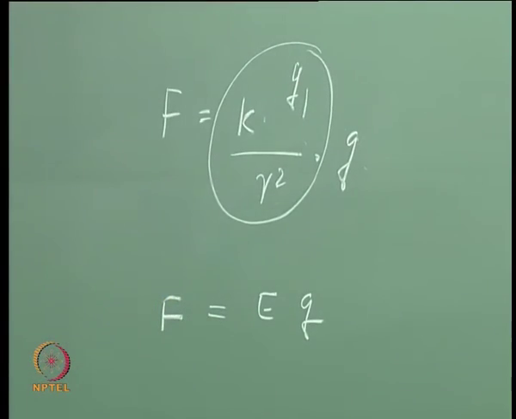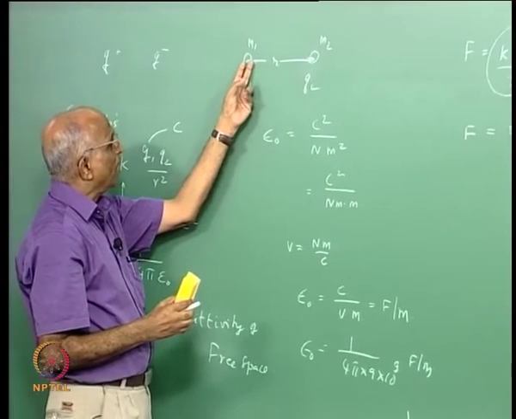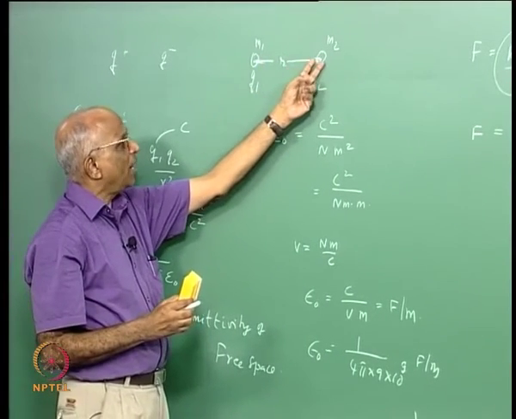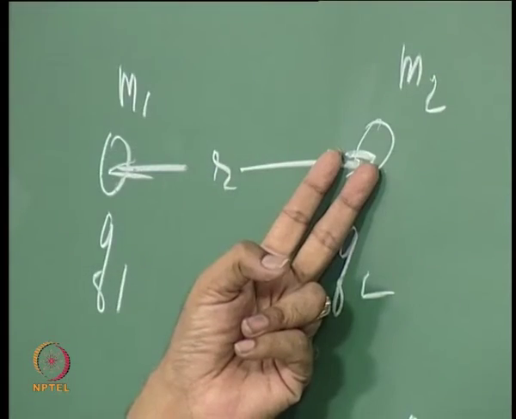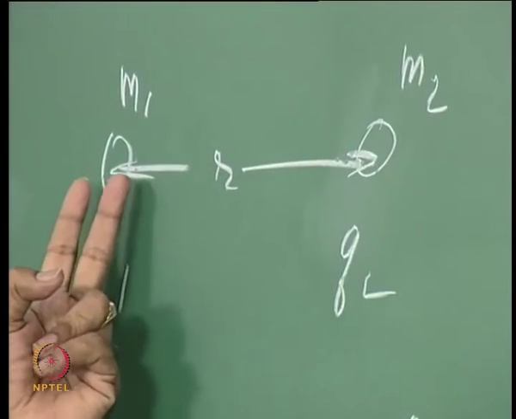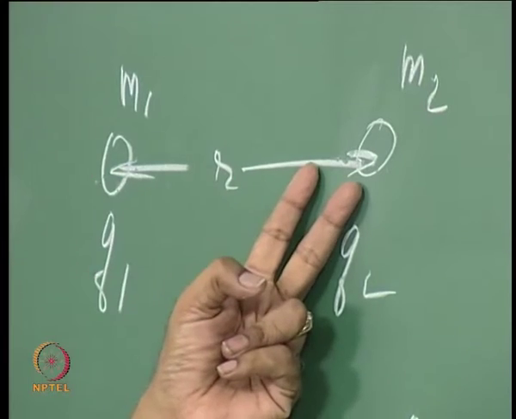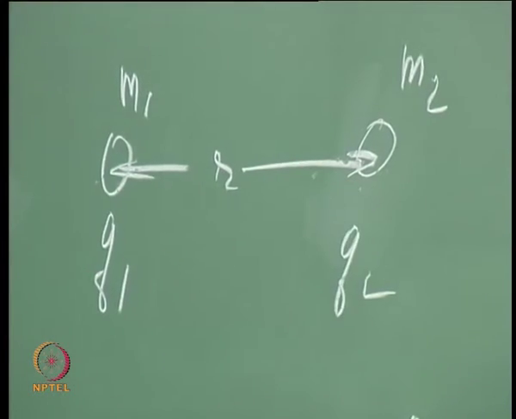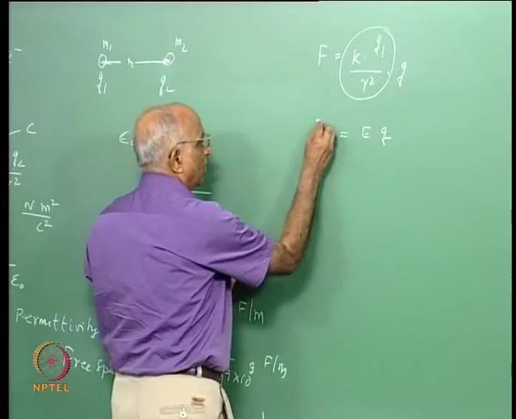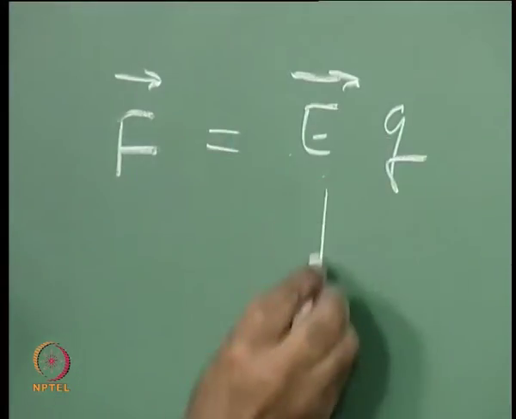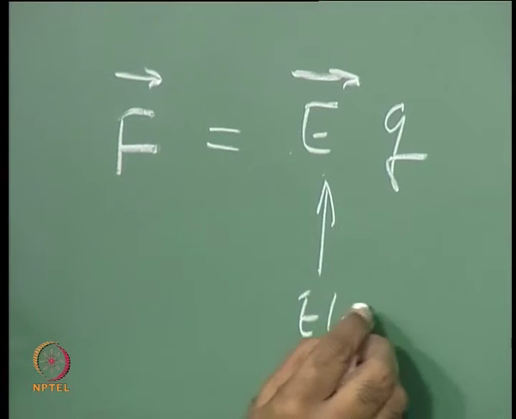In other words, if I have a charge q1 and at a distance r from it, I say yes, I have the effect of this on this, and I want to express the effect of q1 at a distance r in terms of a field. I say, well, my field could be E, and since force is a vector, field is a vector, and this is what we call an electric field.